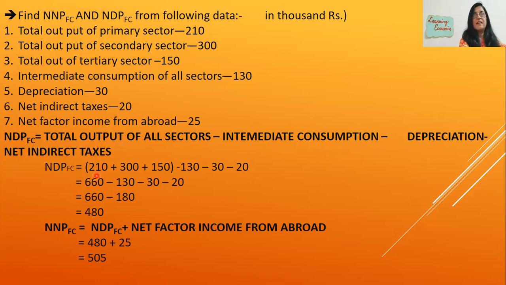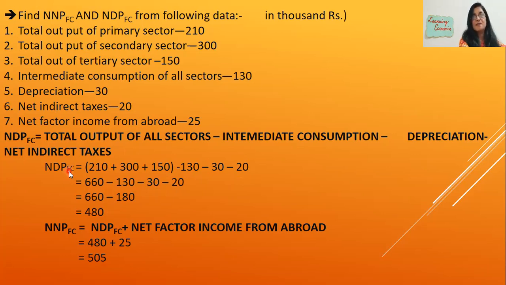Here we have taken total output of all three sectors: 210 is primary, 300 is secondary, and 150 is tertiary. Then we have deducted 130, the intermediate consumption of all sectors, then depreciation 30, and then net indirect taxes. When we do this, we get 480, which is NDPFC.